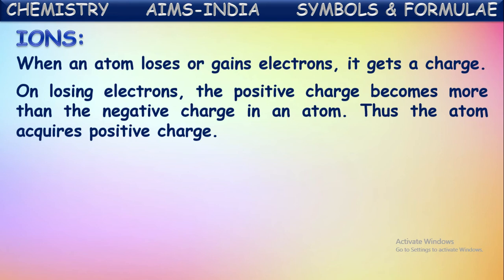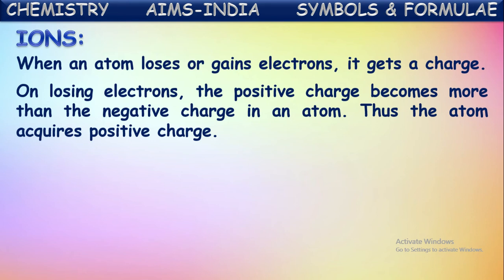Every neutral atom has the same number of electrons and protons. That's why it is neutral. But atoms try to attain stability. In attaining stability, some atoms lose one or more electrons. What happens by the loss of electrons?